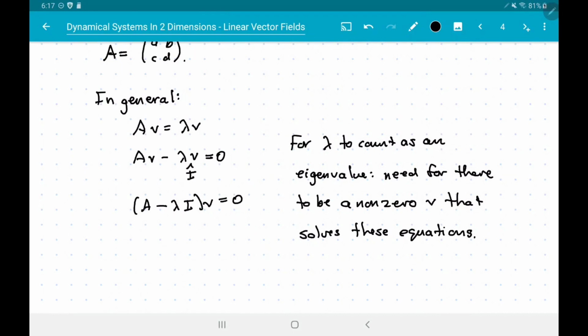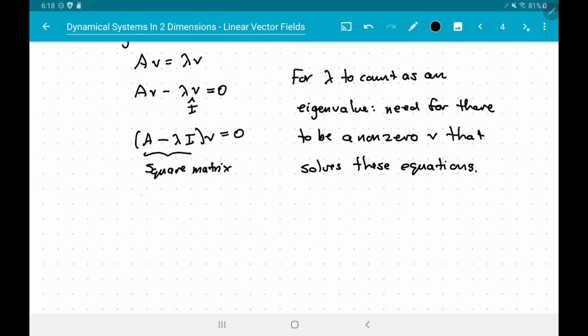And the key to making that work is to look at this last one, because A minus lambda I is also a square matrix. And for there to be a non-zero solution to a square matrix times a vector equals 0, the square matrix must be singular.